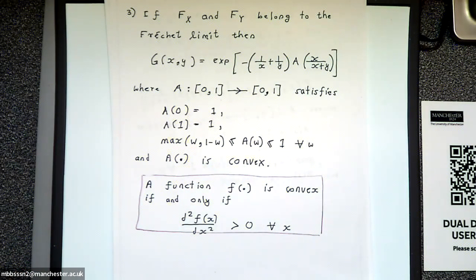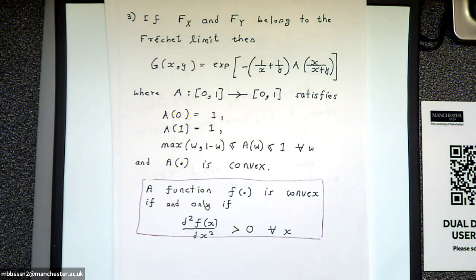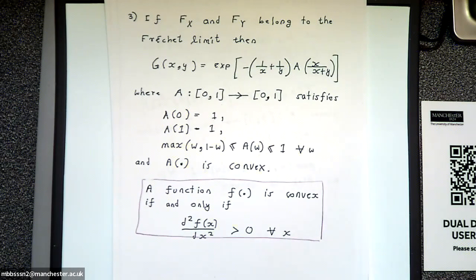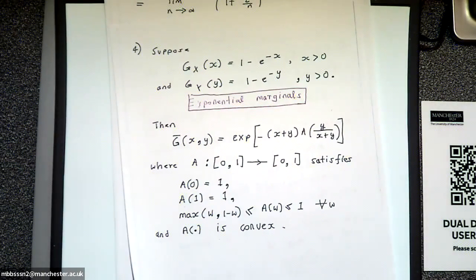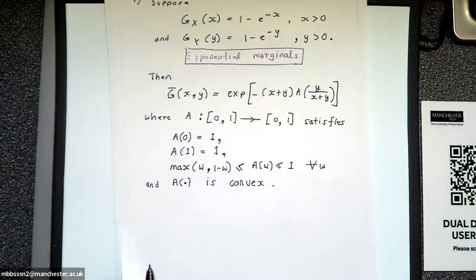One of the conditions is that A must be a convex function. You should have learned this in your first year undergraduate. A function is convex if its second derivative is positive for all X, right? Okay, so that's 3. Number 4 is this one. It's slightly different.